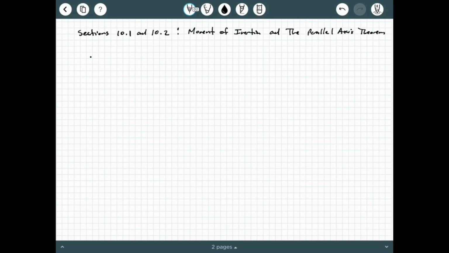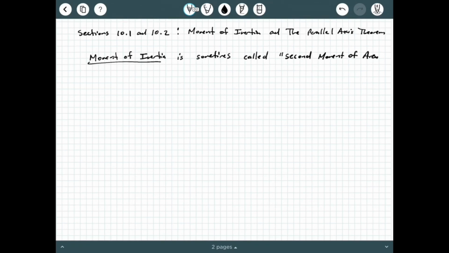So this word moment of inertia is sometimes called second moment of area about an axis.